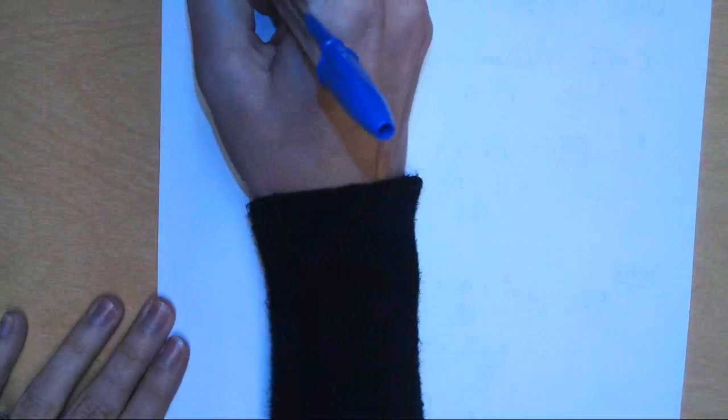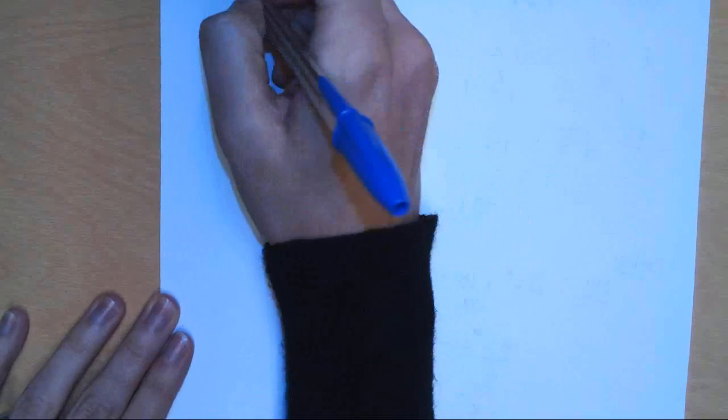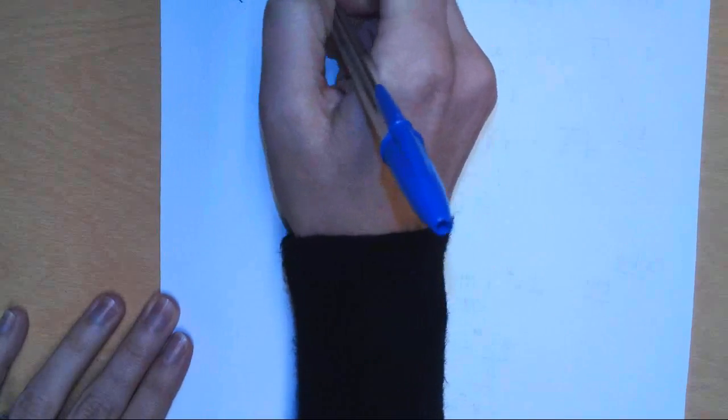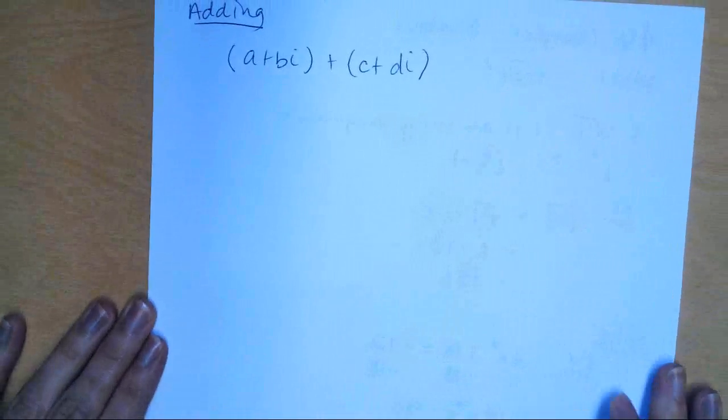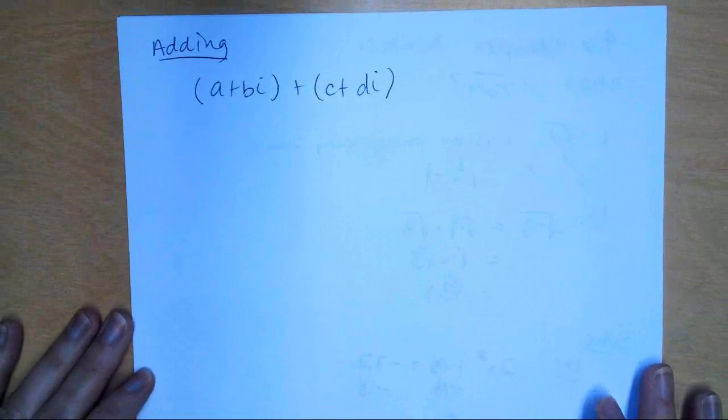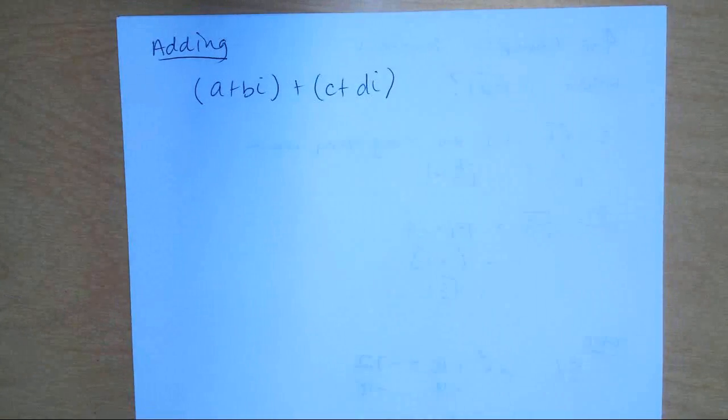Okay, adding. Here we go. If we're going to add two complex numbers, it would look like this: a plus bi, c plus di, and we're going to add them.